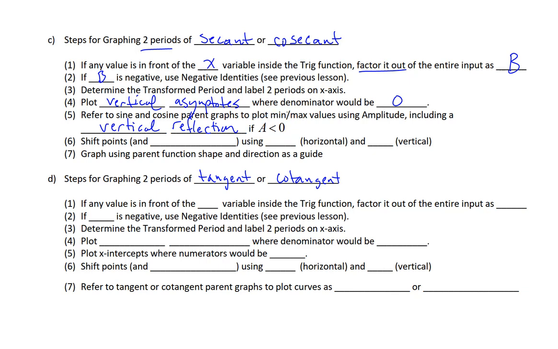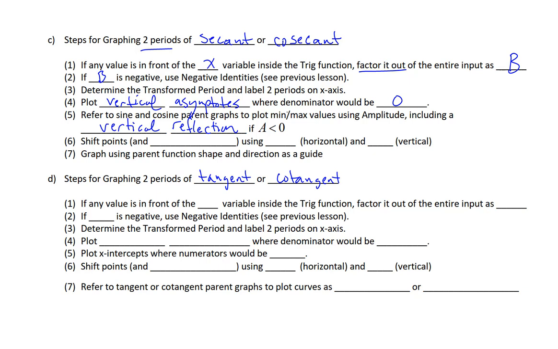We saw vertical reflections with sine and cosine. Now, this step number 5 is a little bit different from when we transformed sine and cosine themselves, because now we're using those functions, or what we know of them, to help us transform secant or cosecant. Actually, it works out really well. You'll see soon in our examples. The graphs of these are all very related.